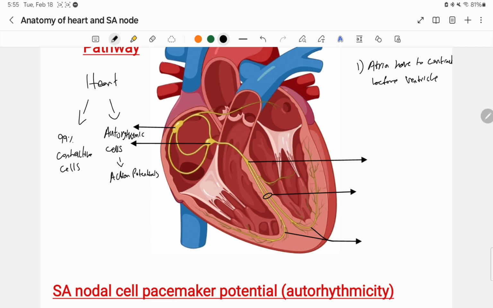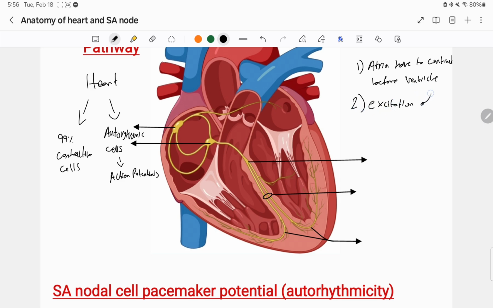The second rule is that the excitation of the cardiac muscle should be coordinated. What do I mean by excitation? I just mean that the action potential has now reached the actual muscle fiber and is activating it to contract.